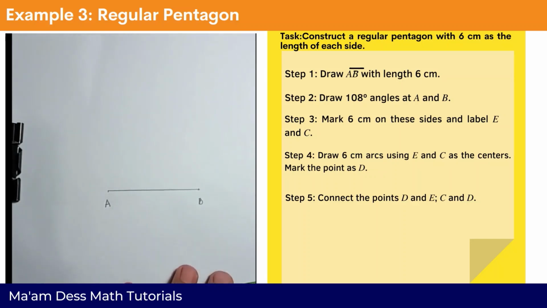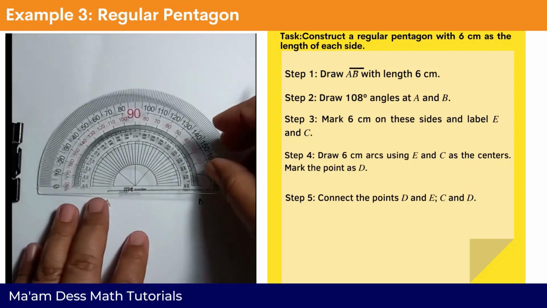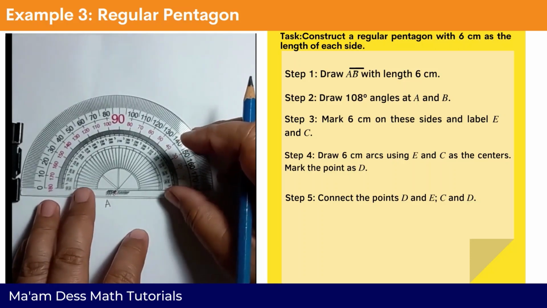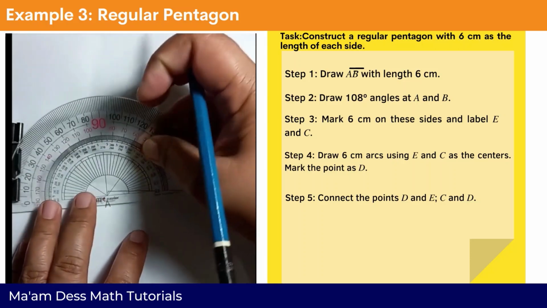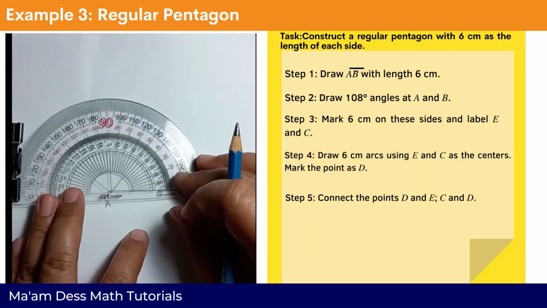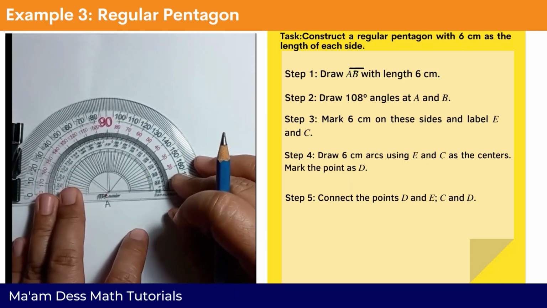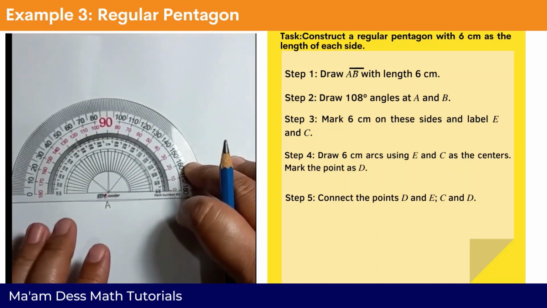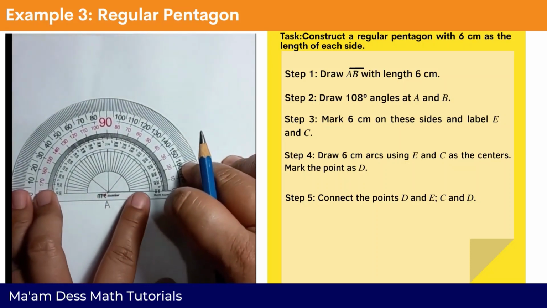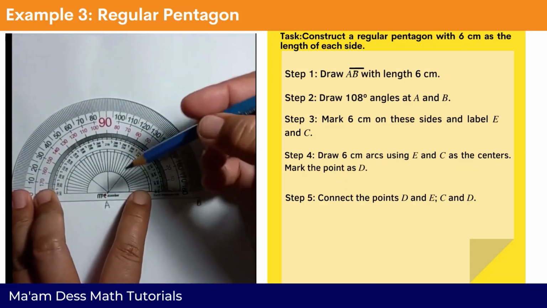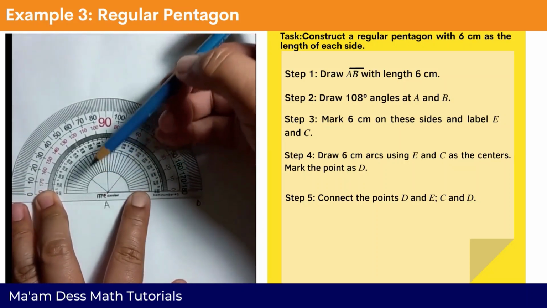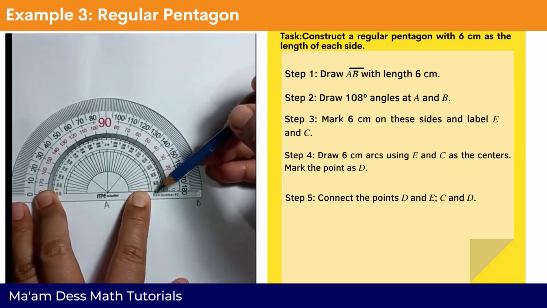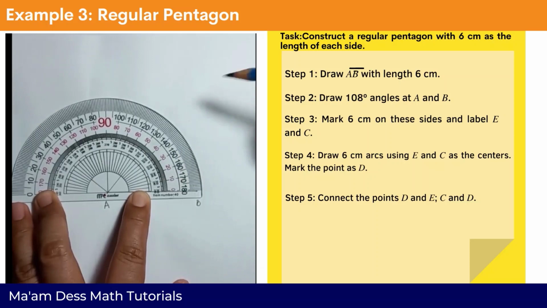So draw 108 angles at A and B. Next, draw an angle of 108 at angle A and B. So, here is one side of your angle.